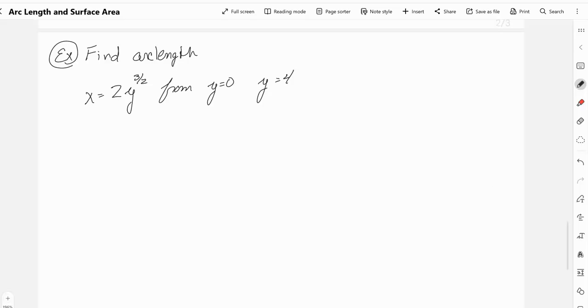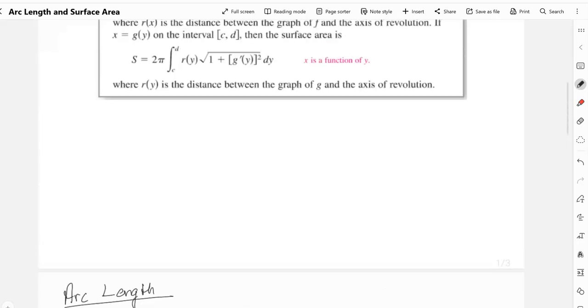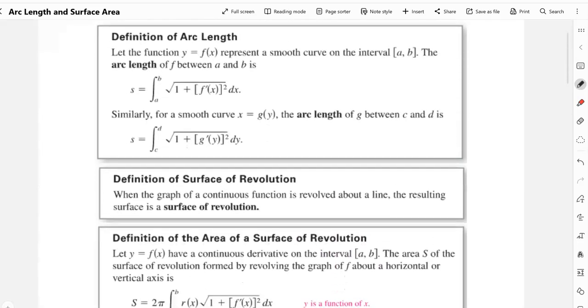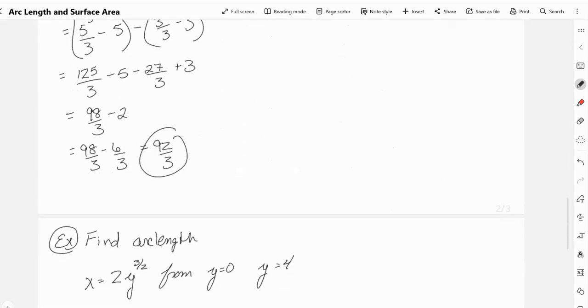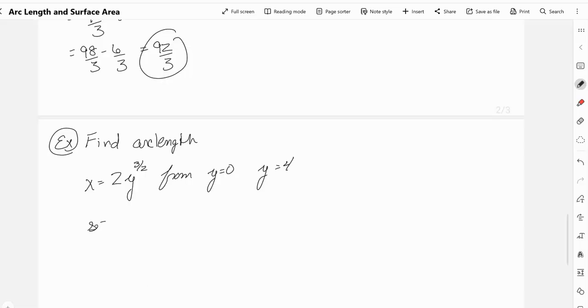So arc length is going to work the same way. But now we've got to think about things in terms of y, but the process is still going to be the same. So we know our bounds are y equals 0 and y equals 4.